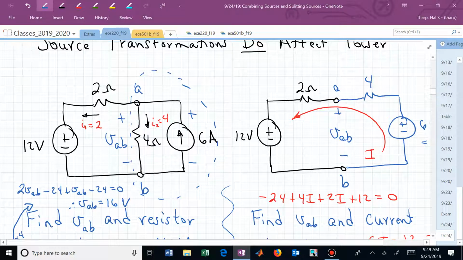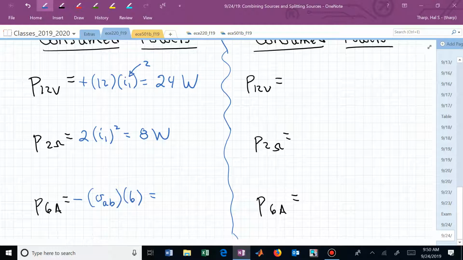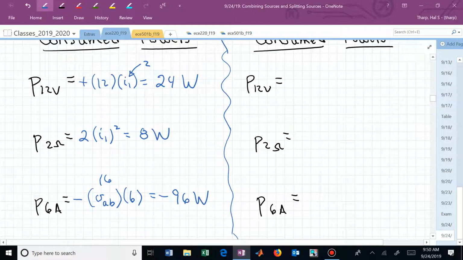That current is now entering the negative terminal before it goes through the element, so the passive sign convention says this now needs to be a negative relative to how we have defined the variables. And V sub AB, what was that? 16? So now we have minus 96 watts consumed by that 6 amp current source. Or it's supplying or developing power.